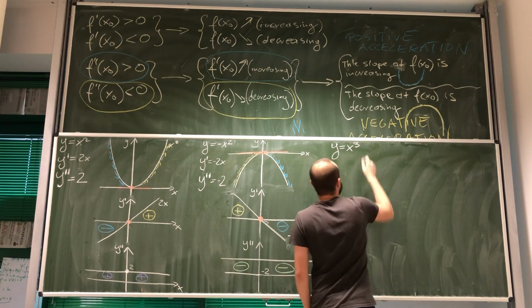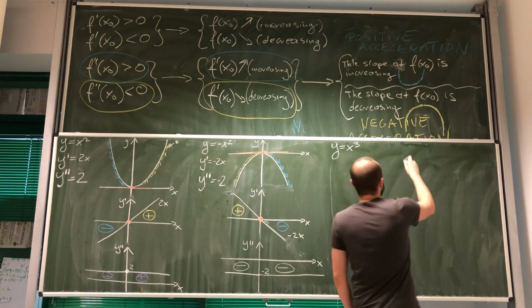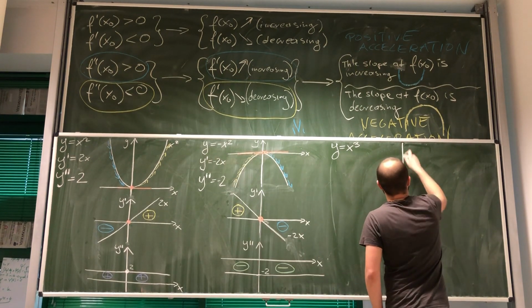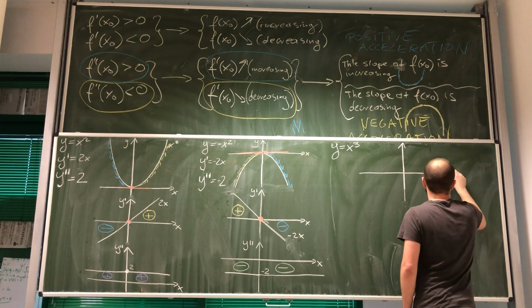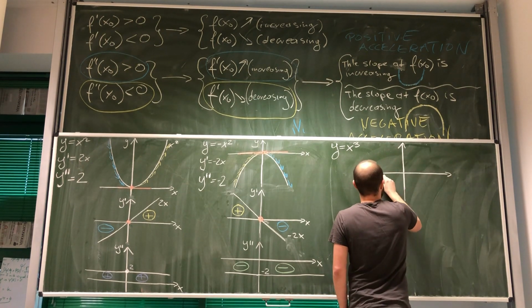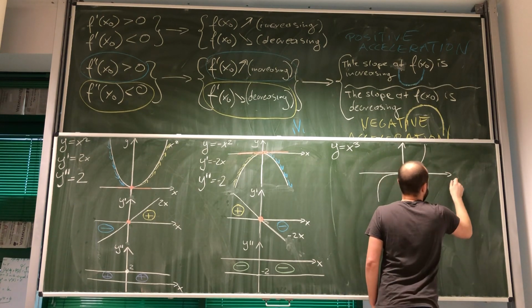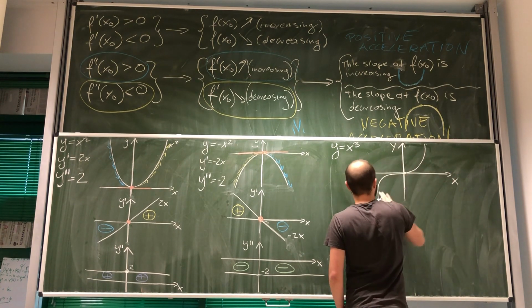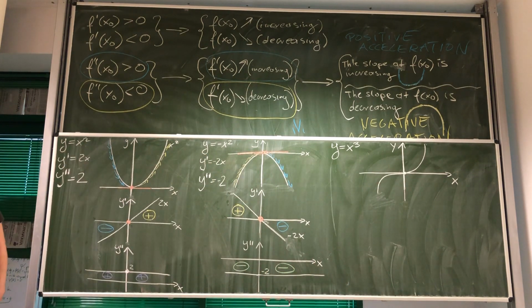Okay, so now let's consider again a function that we know very well. Y equals x cubed. How does this function look? Well, this function looks like that. Okay, and look, what do we see?